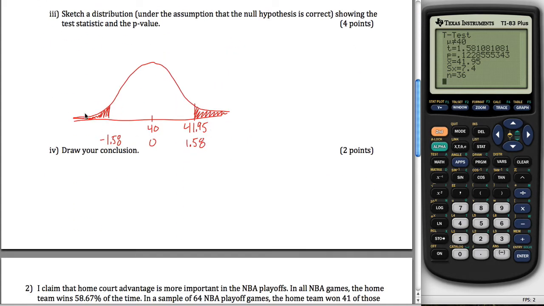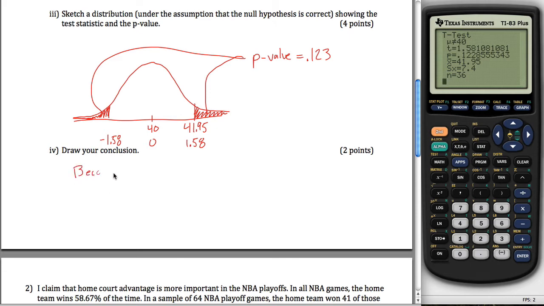So there could be a lot more or a lot less. So the picture should look like this. And the p-value is both of these areas combined, which in this case is equal to 0.123. Sketch a distribution showing the test statistic and the p-value. Looks like I'm good. Draw your conclusion.